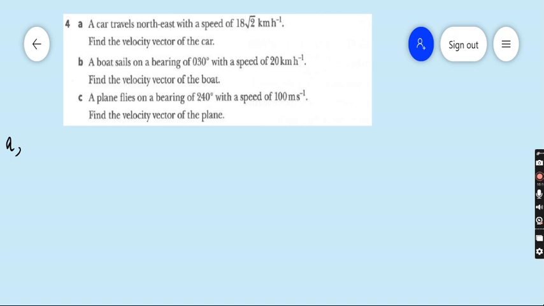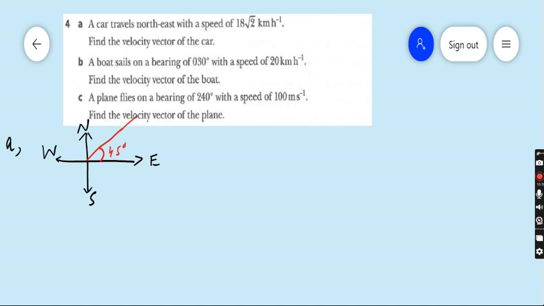So it is very easy. Northeast. If I draw the direction lines, on the right side is east, this is north, this is west, and this is south. Northeast means midway between the lines north and east, like this. The total angle from east to north is 90 degrees, therefore 45 degrees.